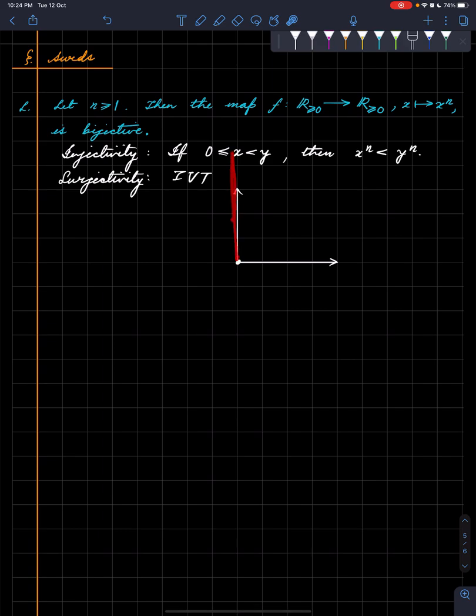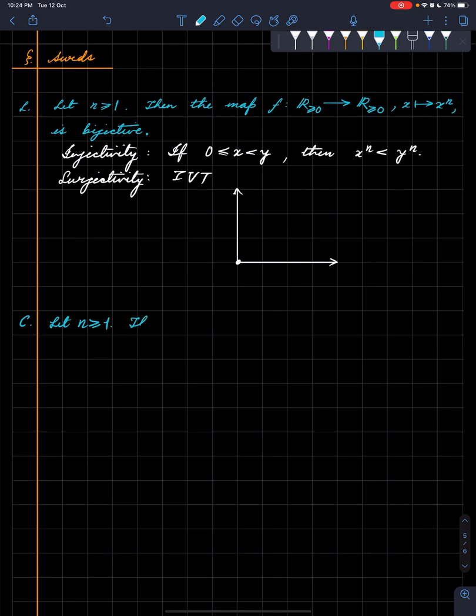It should take all the values that are there on the non-negative real line. So that's it. Therefore it is surjective and hence bijective. Alright. And maybe I want to do a little bit. Okay, yeah. So let me do this corollary, which is that let n be greater than or equal to 1.